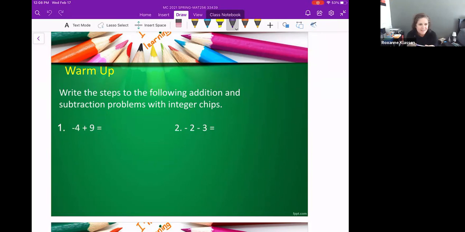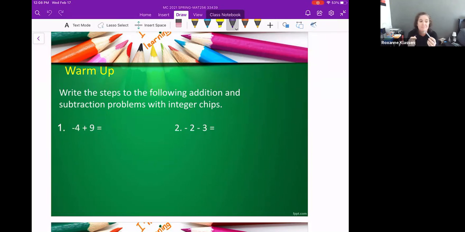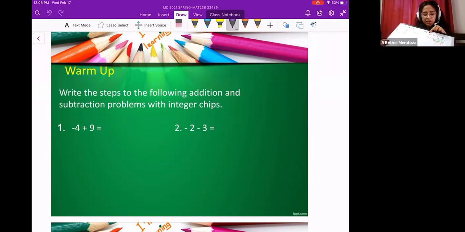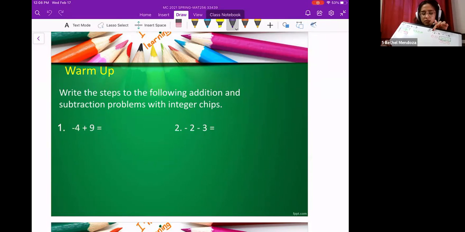So I wrote down, since this is a subtraction problem, the minuend and subtrahend. And so 2 and 3. Because there's no number before the minus sign, I know that this is a -2.